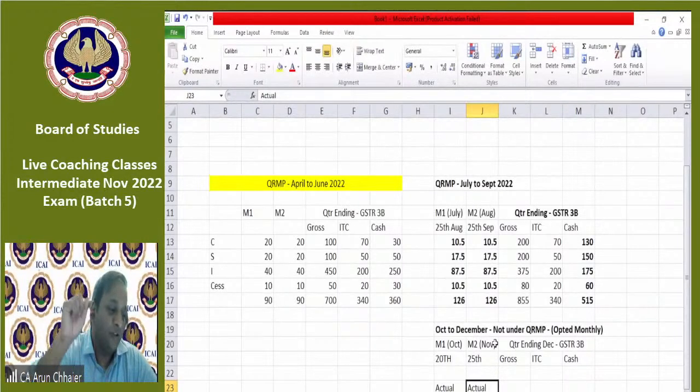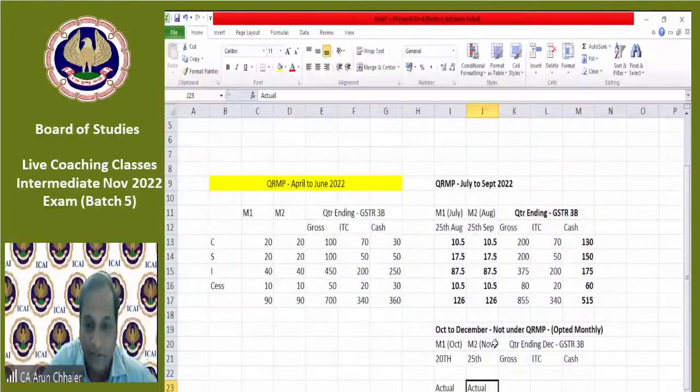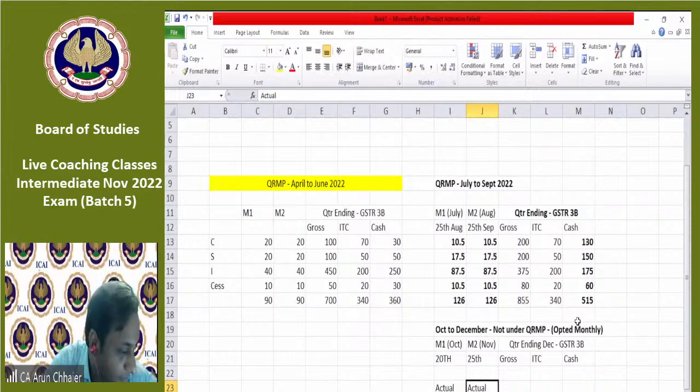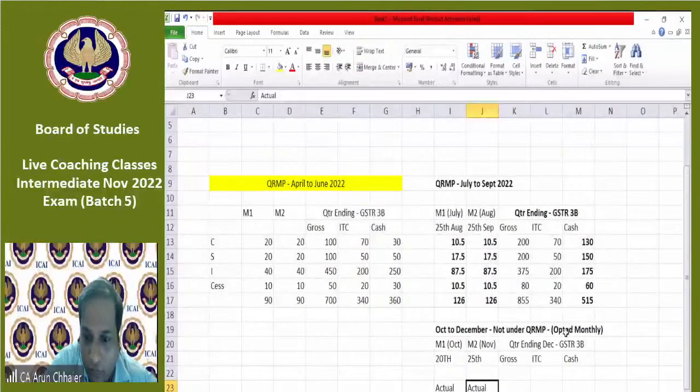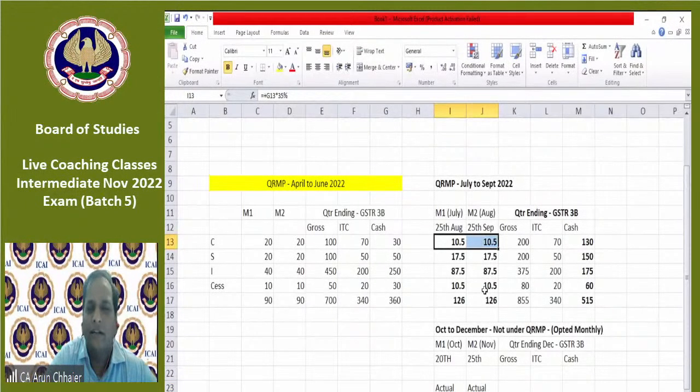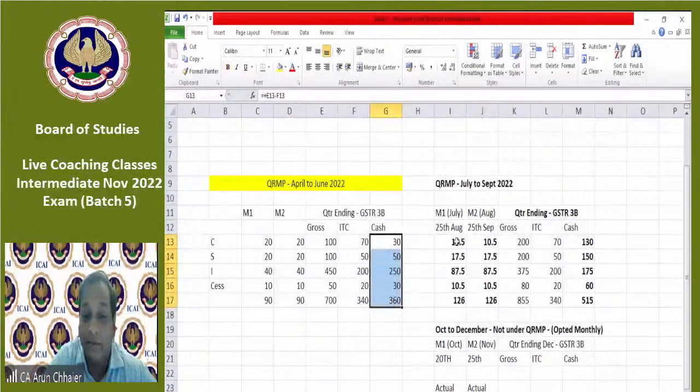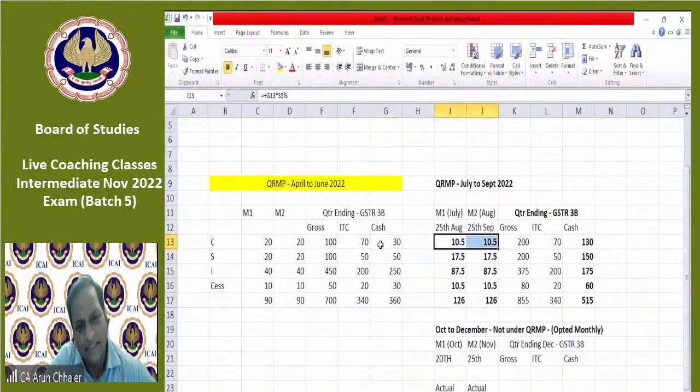In this case, you will file the GSTR 3B. How to deal with the remaining 9 rupees? Sir, in 30, which is the minimum? What are you calculating? You are calculating 30 minus 20. Why? This is the liability of the last quarter, and you are asking for the current quarter. They have only given the method to pay.